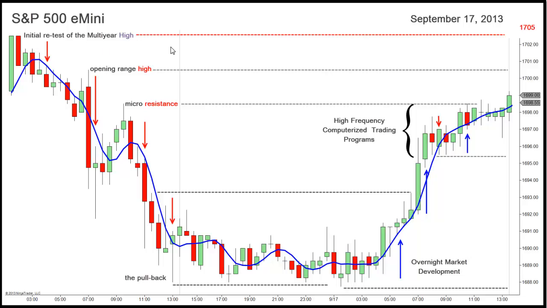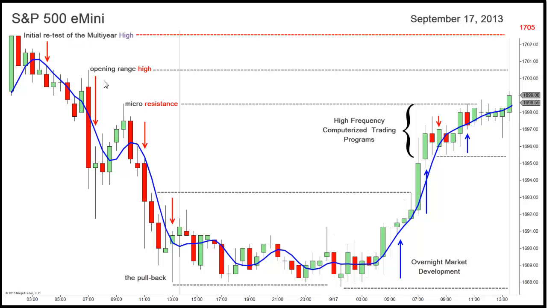Market participants responded to the retest by selling into the high. Prior to Monday's open, the market traded down modestly below 1703, 1704. And at Monday's open, the S&P auctioned back up at or near 1700, but failed to retest the overnight high.